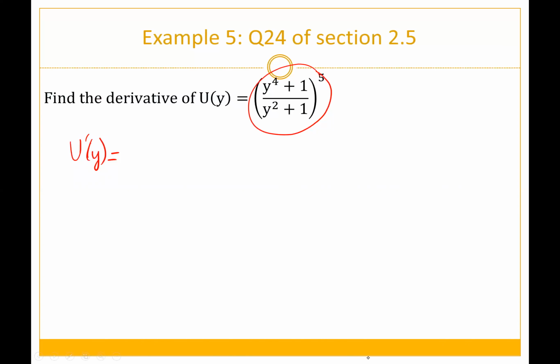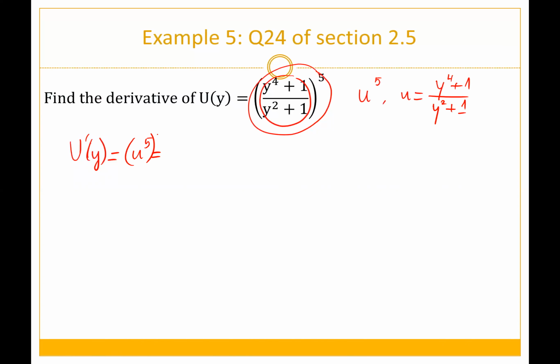The difference is that the thing inside is not simply y to the 5th, but u to the 5th, with small u equal to y fourth plus 1 over y squared plus 1. So by the power rule combined with the chain rule, this is u to the fifth.